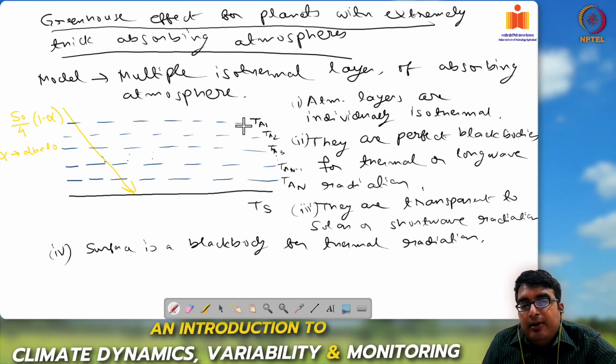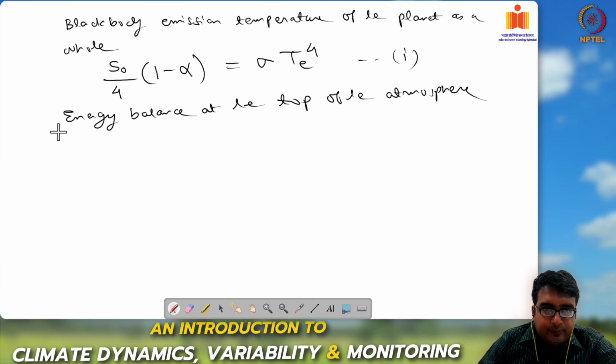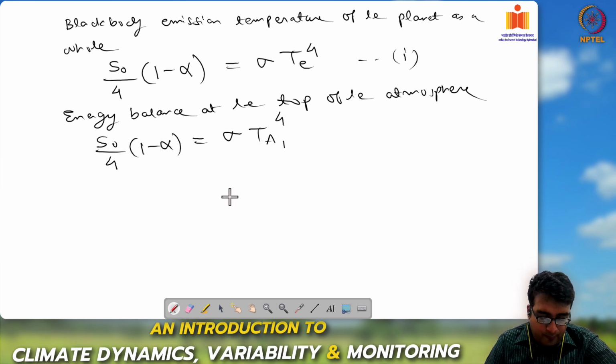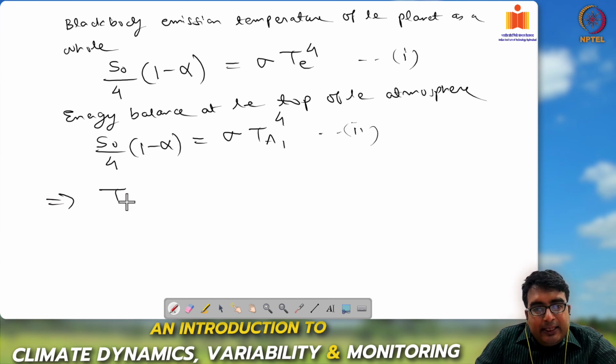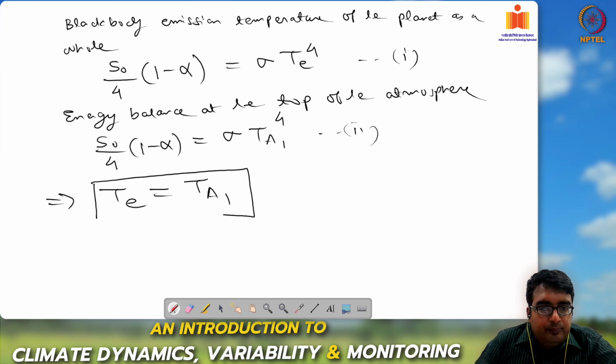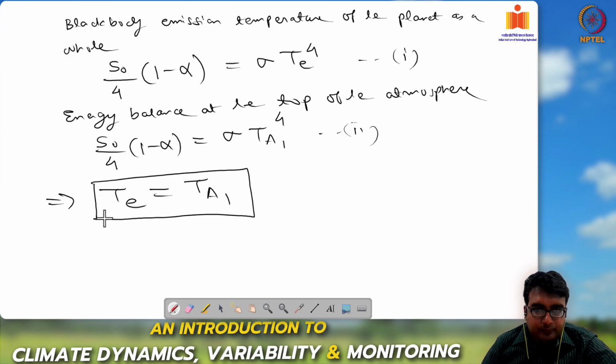Okay, so space is not seeing any layer other than the topmost layer, which is at temperature TA1. Hence, S0 by 4, 1 minus alpha, which is the net solar flux entering the planet, equals sigma TA1 to the power 4. Okay. So equations 1 and 2 imply that the black body emission temperature is equal to the temperature of the topmost layer of absorbing atmosphere. So this is clear. So this is expression 3.